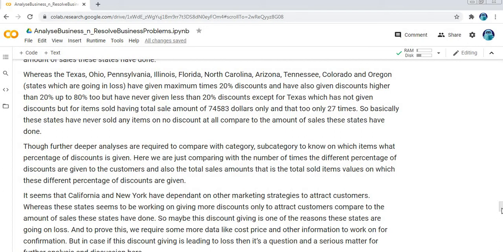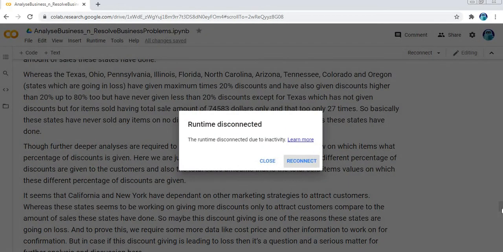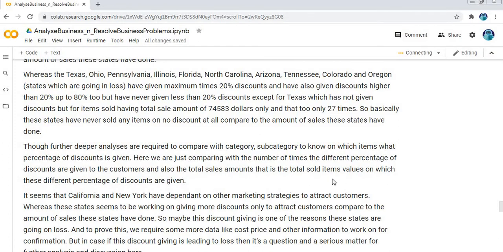But what we are doing here is only comparing the number of times the different percentages of discount were given to the customer, and also the total sales amount, that is the total sold item value on which these different percentage discounts were given. So we were only comparing that.